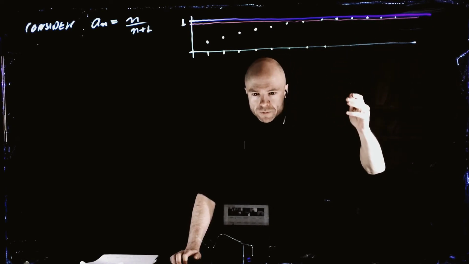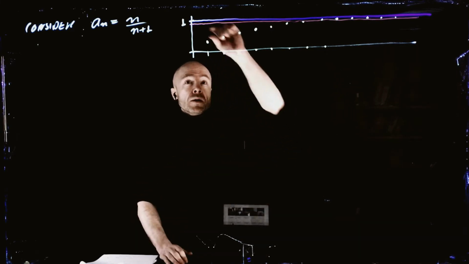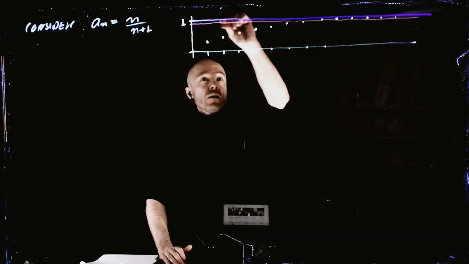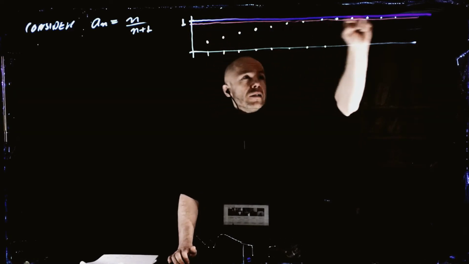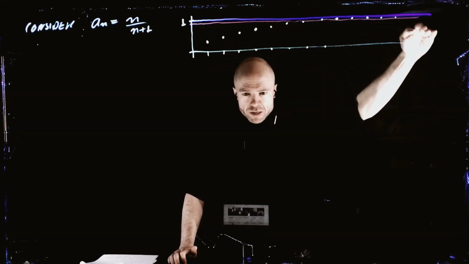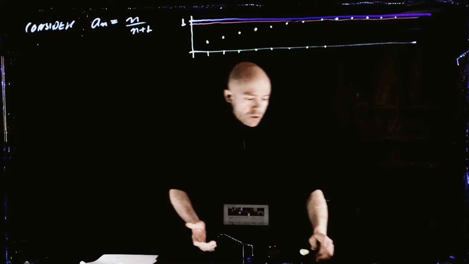And that value is 1. And we can say that in a very precise way. What we mean by that is that no matter how close we put this line underneath 1, we're ultimately going to be above it. And that should seem very familiar to you.